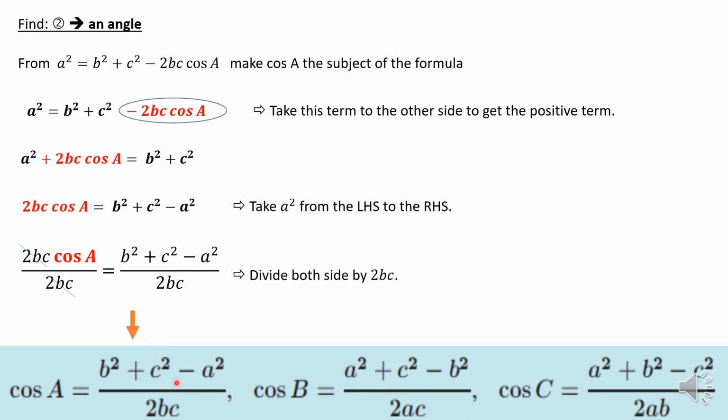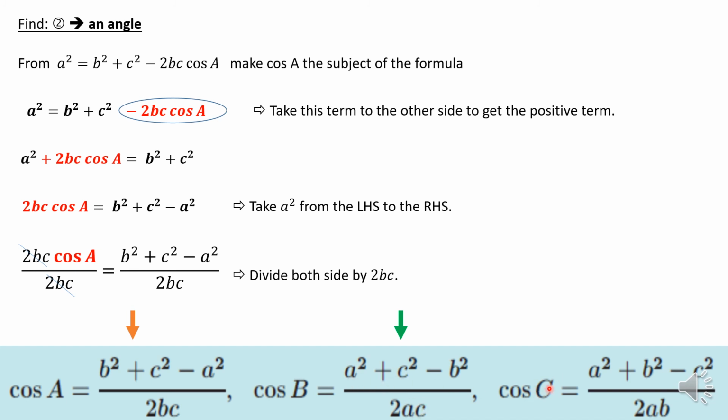Now, in order for you to remember this, the a and a go together. The other ones I added the squares, and then minus the a, with whatever that angle is, the side opposite that angle. So the same applies when you have a letter b, for example. I'm going to minus b squared, all right? And then I take the sum of the other squares divided by 2ac.